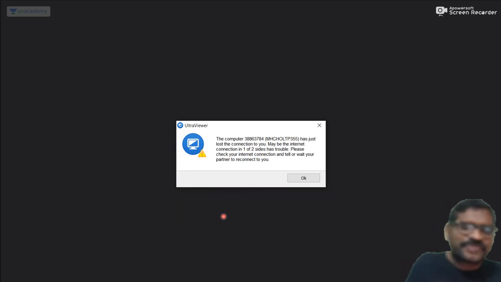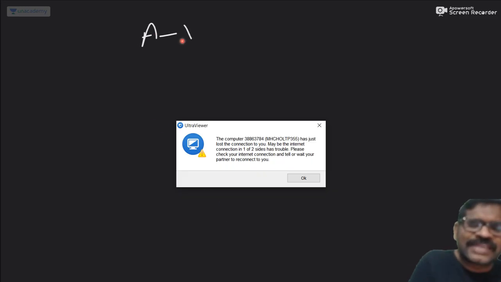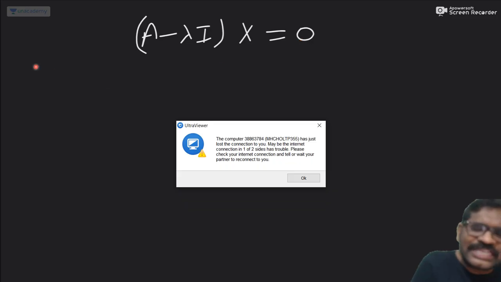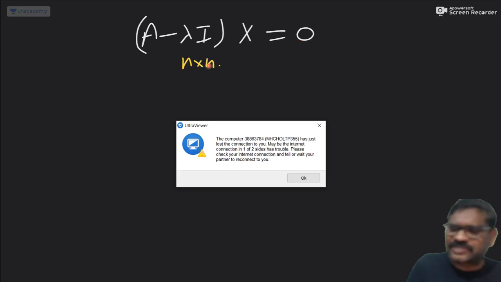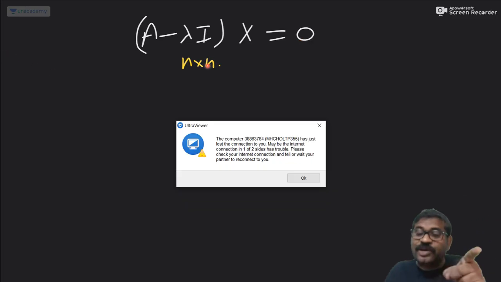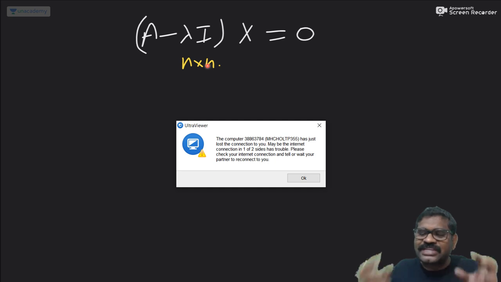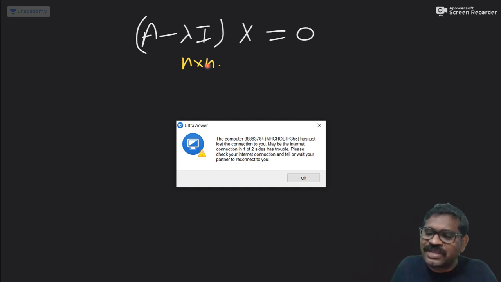Observe here. (A minus lambda I) of x equal to 0. It is an n cross n matrix because A is a square matrix. If A is a square matrix, lambda I is also a square matrix, because addition and subtraction are possible only when they are of the same order. That's why A minus lambda I is n cross n.